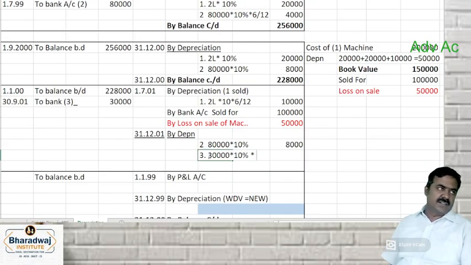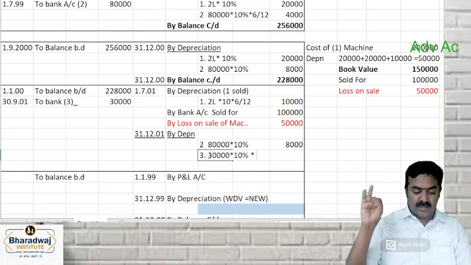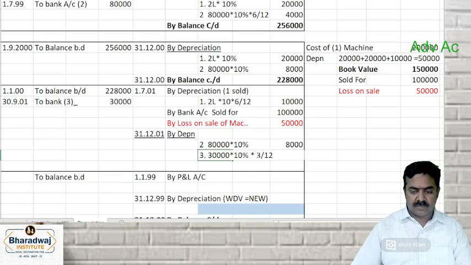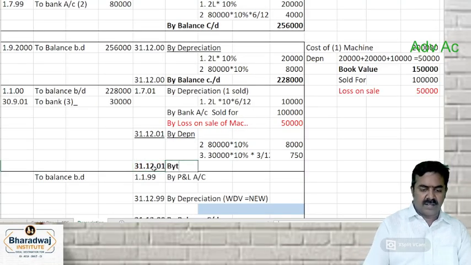Not 6 months. We installed at the end of September, so October, November, December, 3 months. How much will it come? 31/12/2001 balance carried down.